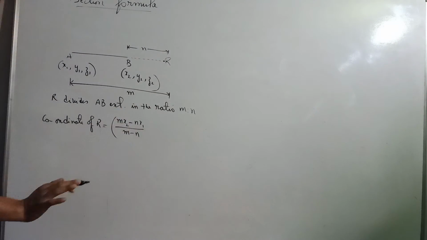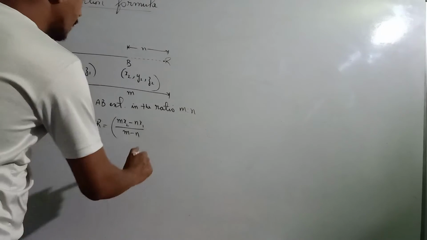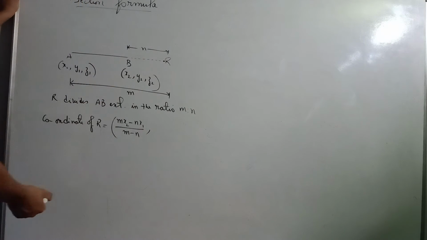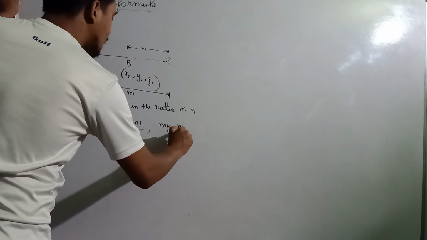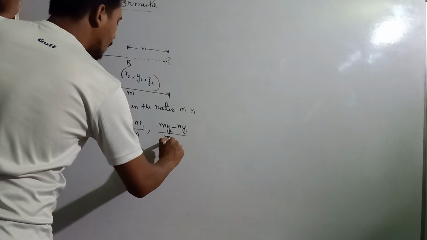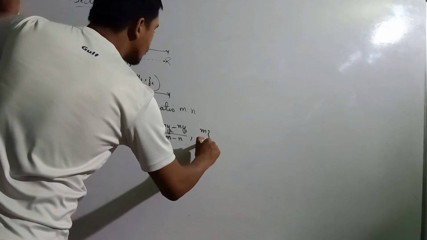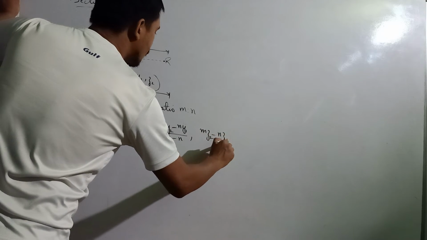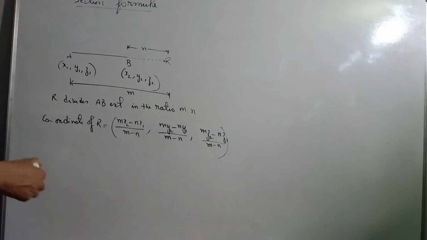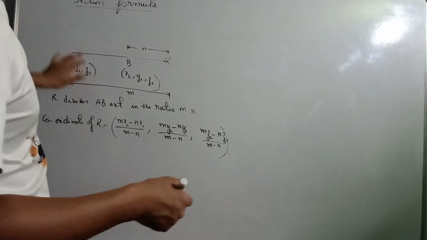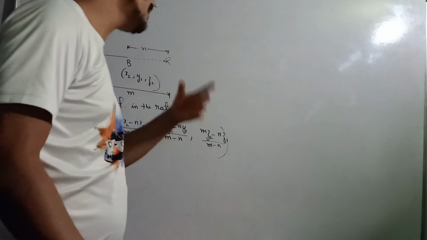All this can be proved, but it's not necessary to prove this now, so I'm not proving. my2 minus ny1 upon m minus n, mz2 minus nz1 upon m minus n. This is the section formula for external division. Is it okay?